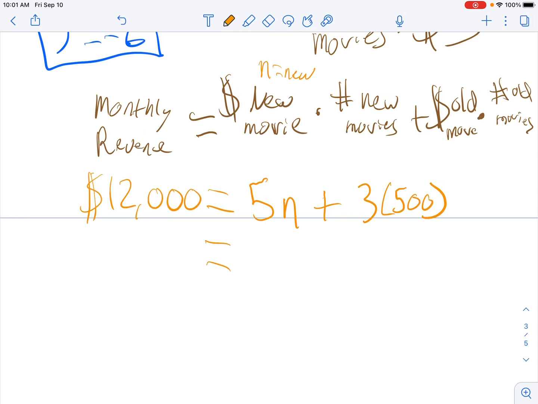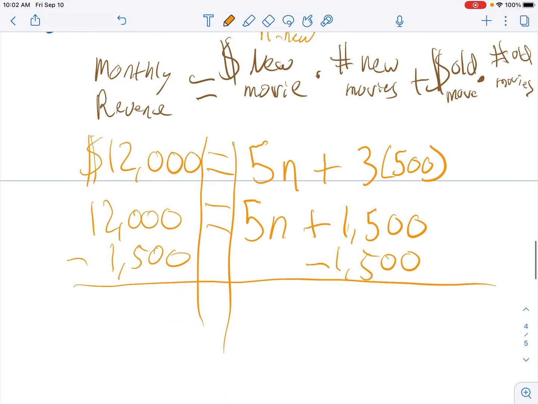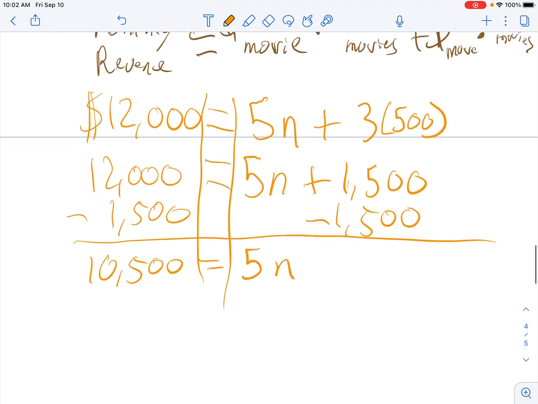So again, if we kind of want to figure this out, we're going to say 5N plus 3 times 500 is 1,500. Okay, this is still 12,000. I'm going to subtract 1,500 from both sides.